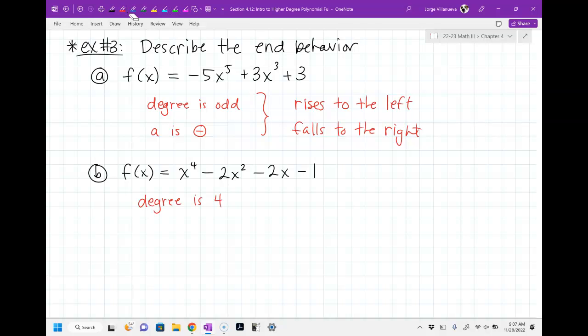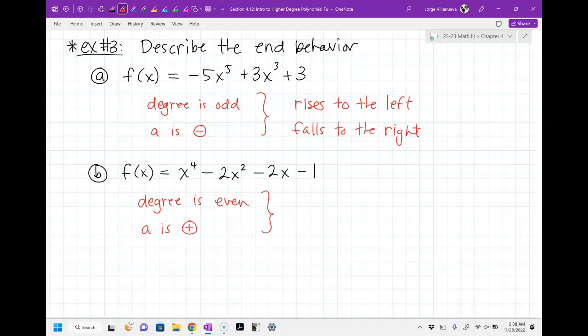So degree is, well, I don't even want to say 4. I want to say even, right? It is 4. I'm going to say that it's even. And A is positive or negative? Remember, A is right here. It's a positive 1, right? There's nothing there. It's a positive 1. So I'm going to write A is positive.